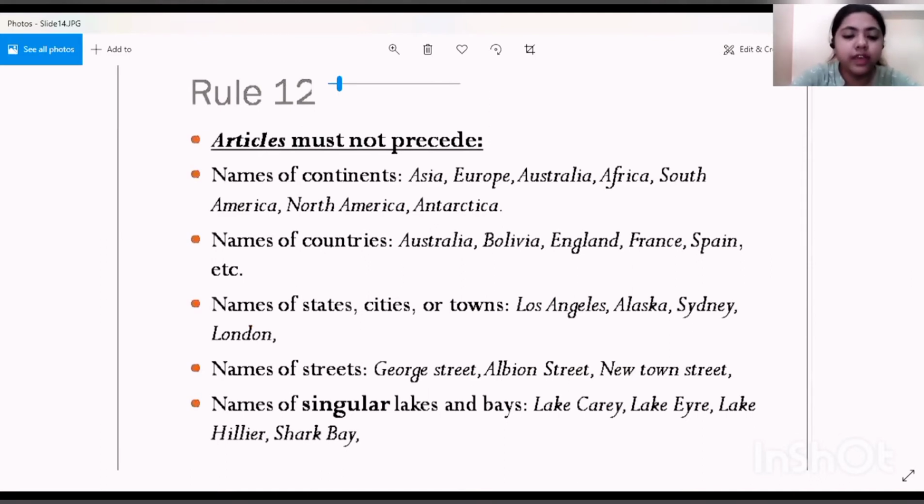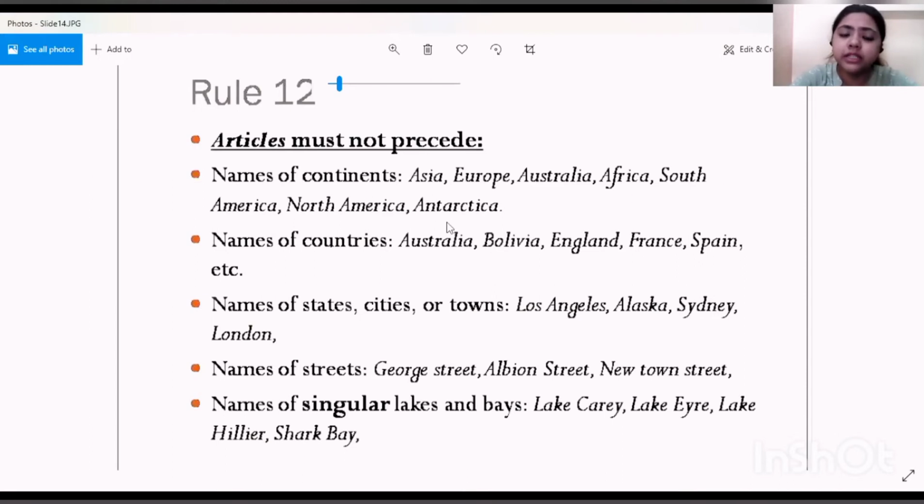So you must know the places where you have to insert an article, as well as the places where you should not insert any article. For that we must deal with rule 12, which tells us about the omission of the article.